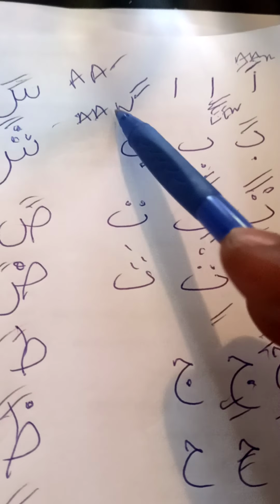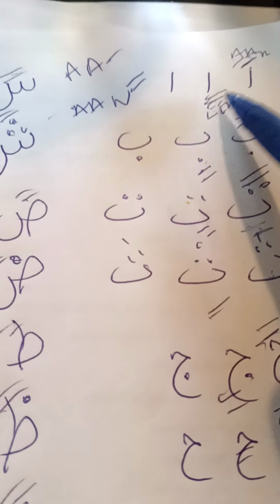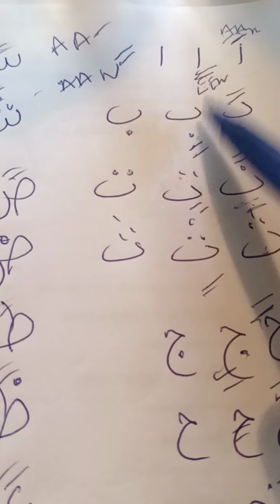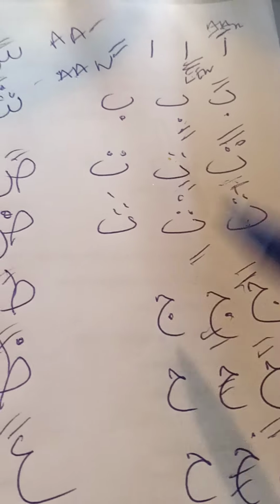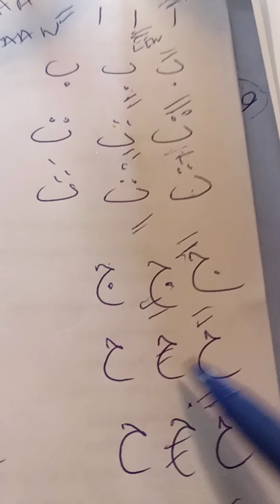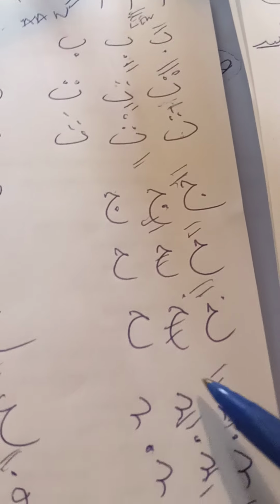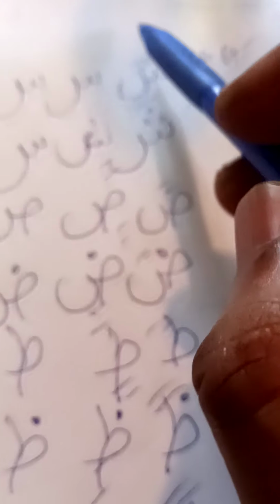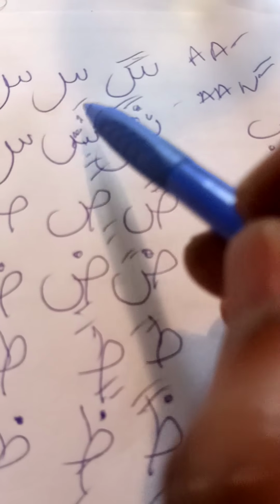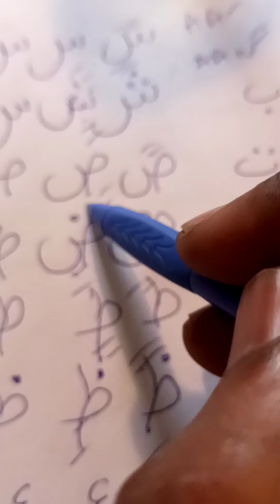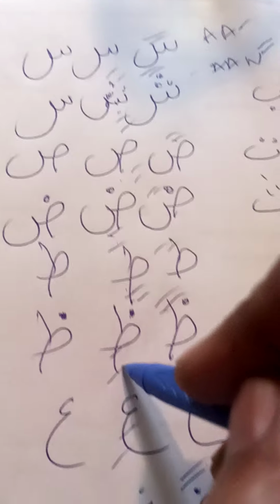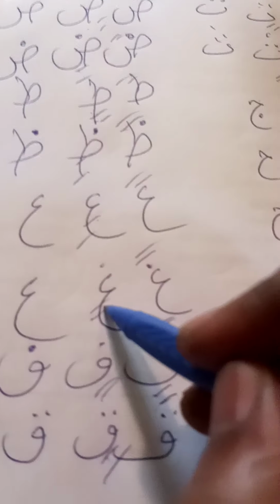So again, with this kasra, kasra will be an in sound, two lines at the bottom: in, bin, and that's the sound that it will produce. In, bin, tin, thin, jin, hin, khin, din, zin, rin, zin, sin, shin, sin, din, tin, zin, in, rin, fin, qin.